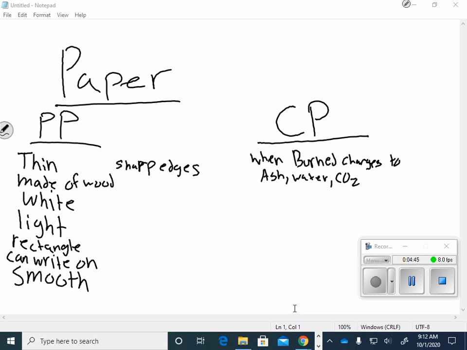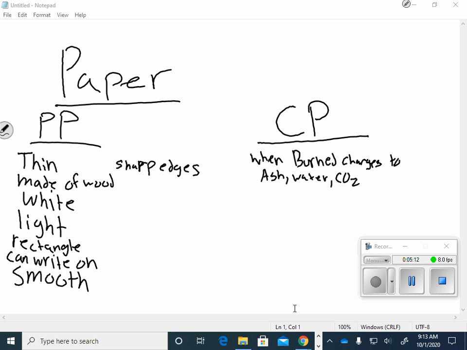Can anyone think of another chemical property of paper? Yes, paper soaking in water. So that one is commonly thought of as a chemical property, but it's actually not, because it absorbs the water, but then if you leave it out, the water will dry out and you get left behind a paper still.